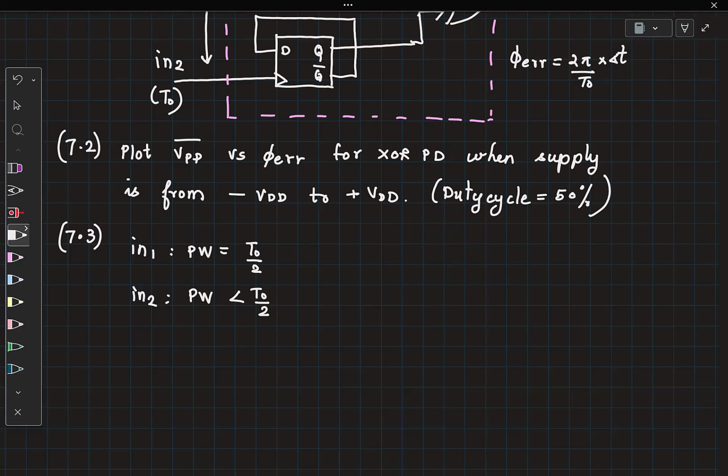Can you sketch the characteristics? You can observe what happens for phase errors from 0 to pi. Can you sketch the characteristics during this region for an XOR based PD?